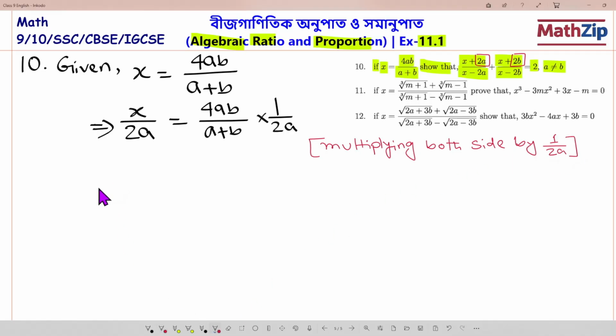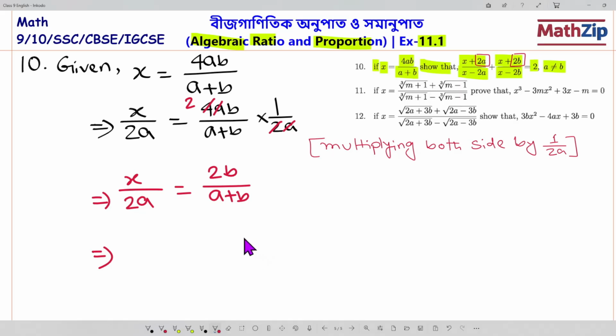Okay, then here is x divided by 2a equals 4 divided by 2, it will be 2, a divided by a, it will be out. So here is 2b divided by a plus b.